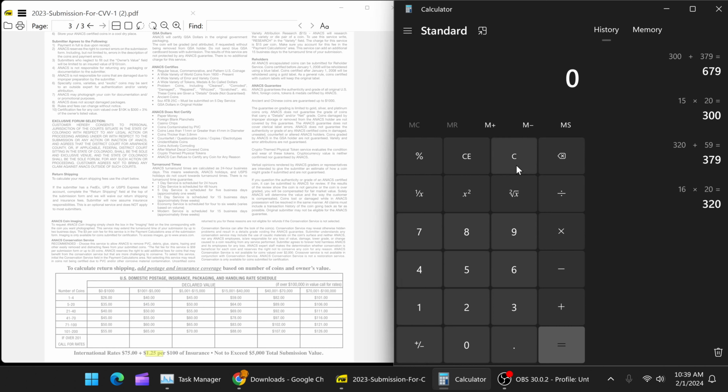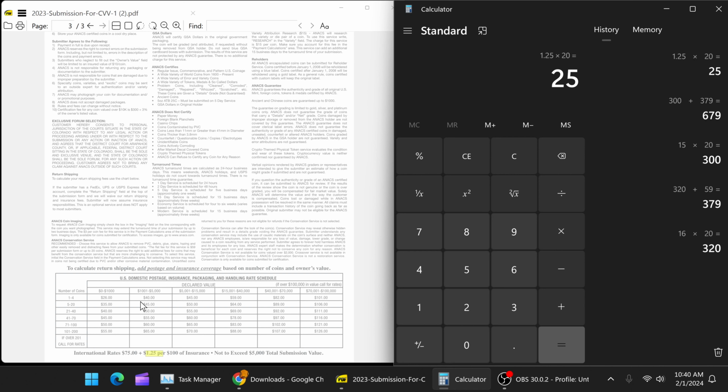I know how much it costs already for USPS. I'll put that in at the end. We have $1.25 per 100, so we're putting down 2,000. So that's times 20. So that's for insurance, we got an extra $25, and then for shipping we got $45.